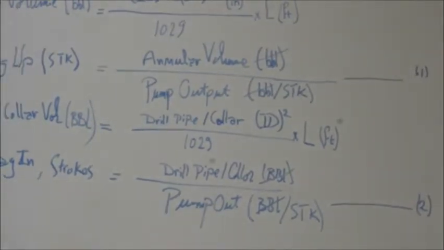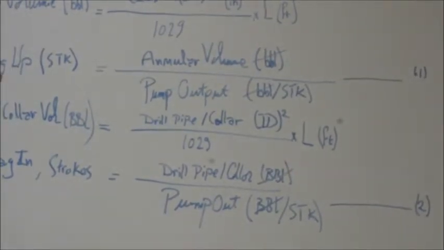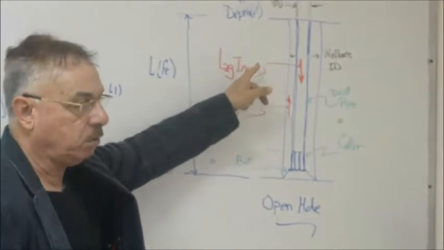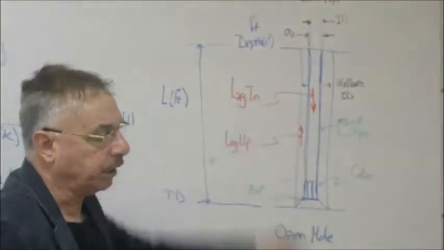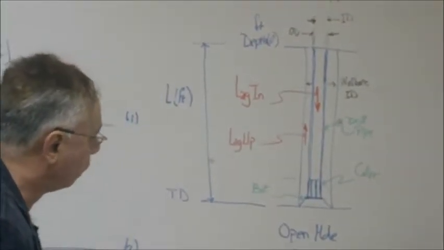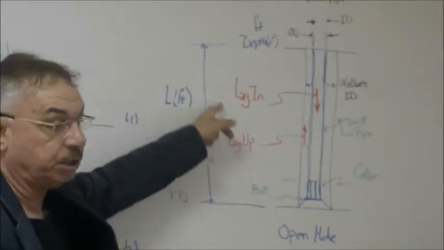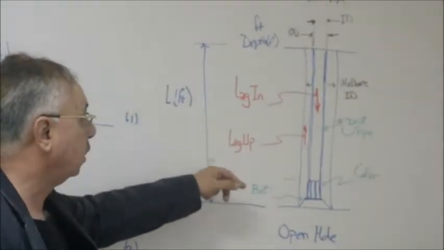Here we will have the assumption that the theoretical lag in is equal to the actual lag in. Why is this different from lag up? This consideration is different from the lag up.